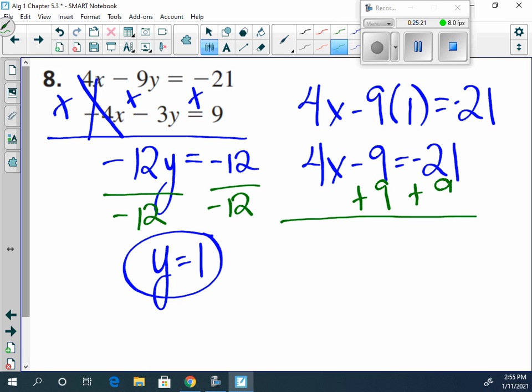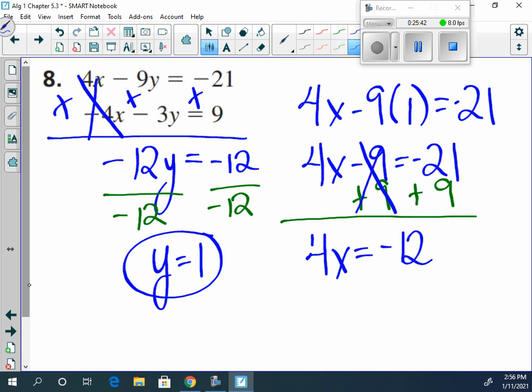So we'll add 9 first, because negative 9 plus 9 will cancel. So then we'll have negative 21 plus 9. And negative 21 plus 9 is negative 12, and it'd be negative because 21 is the bigger number.